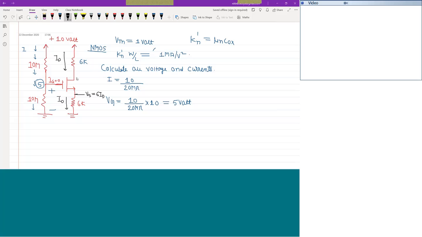And this potential will be 10, और यहाँ का पोटेंशियल हो जाएगा 6 ID, तो ये हो जाएगा 10 minus 6 times of ID.